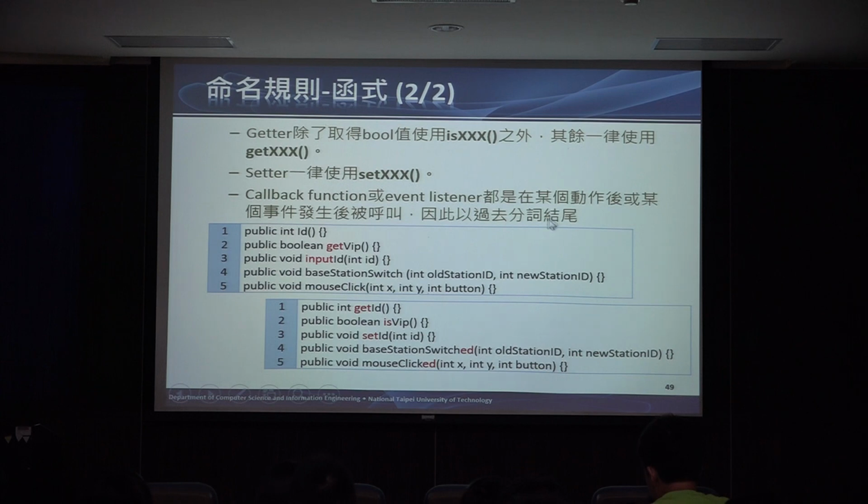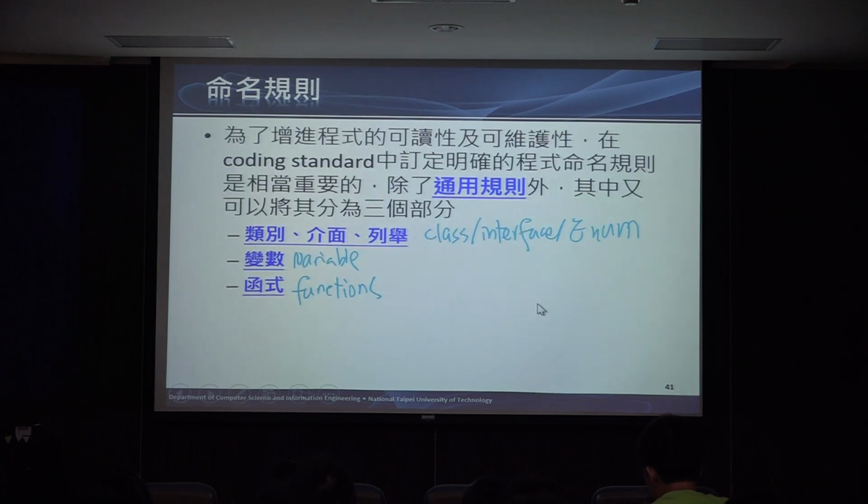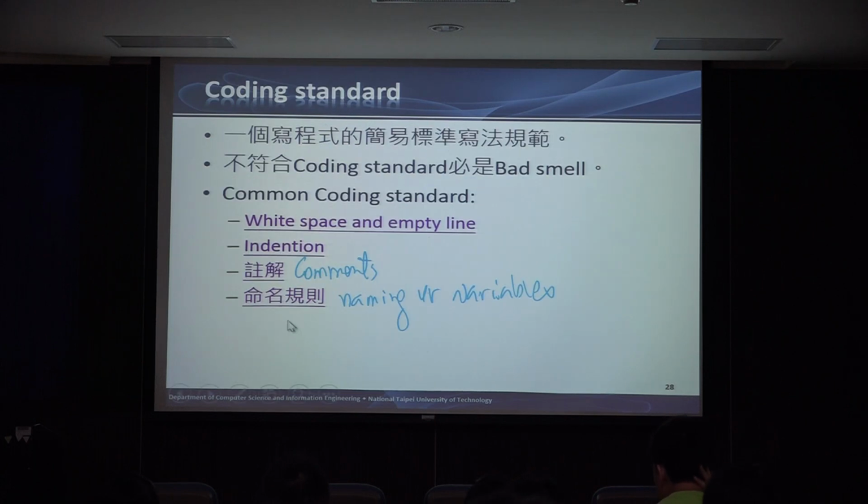Okay, so we cover pretty much the coding convention, which includes under what circumstances you want to use white space, and under other circumstances you do not want to add space.